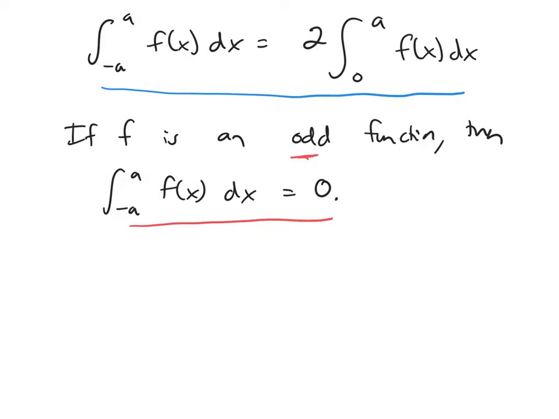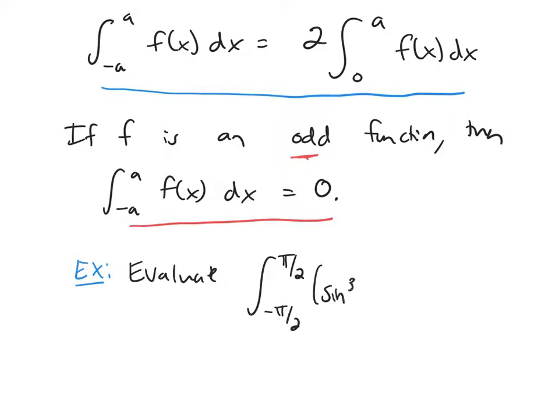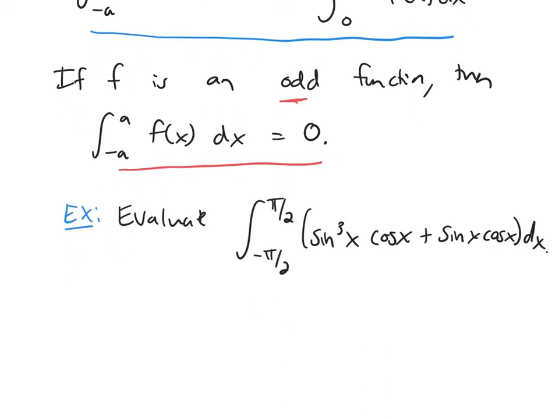So let's look at an example here of a definite integral. So let's say I want you to evaluate the integral from negative pi over 2 to pi over 2 of the function sine cubed cosine plus sine times cosine. So the first thing we have to do, this is our function f of x.